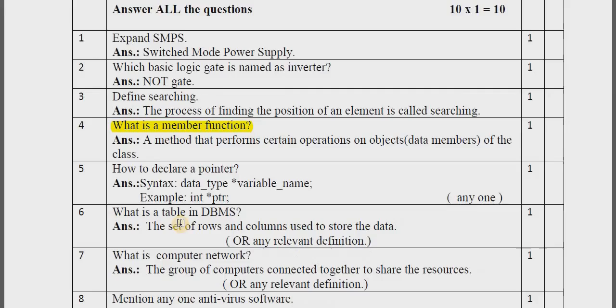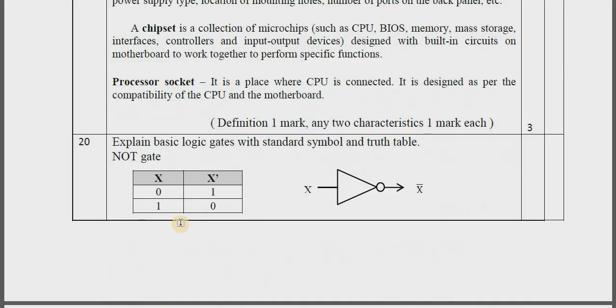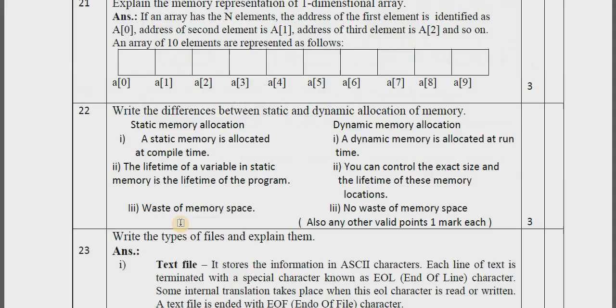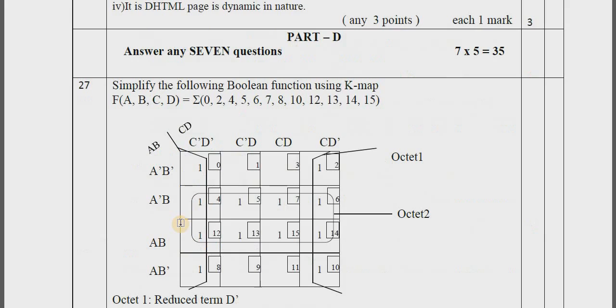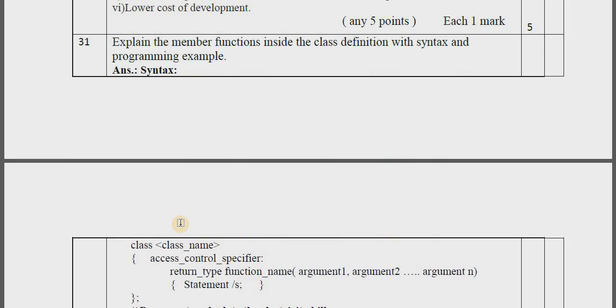Okay, next. So the 5 marks question here is, explain member function inside the class definition with syntax and programming example. Already you know there are two types of member function definition: inside class function definition and outside class function definition. In one case you write the body of the function inside the class.